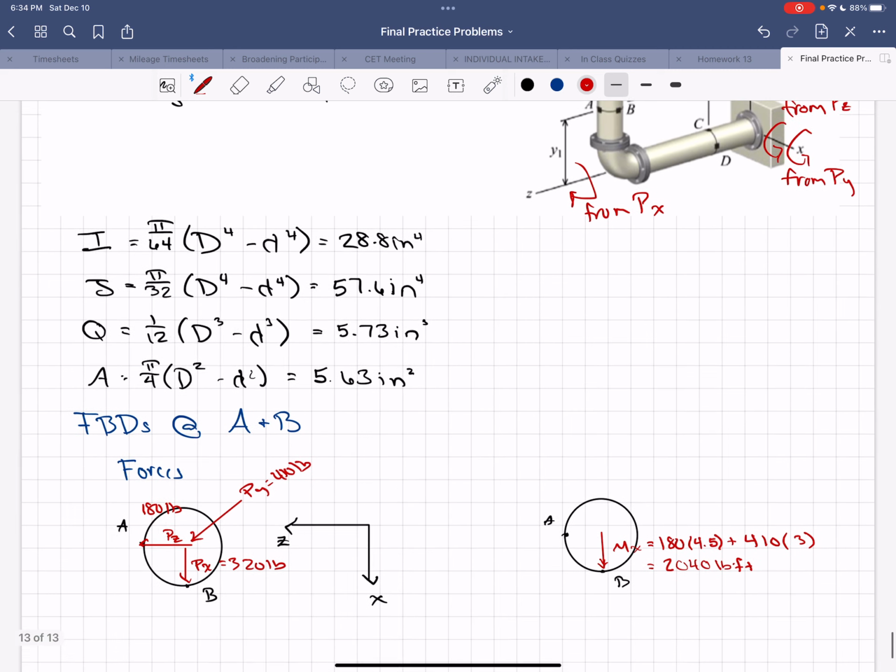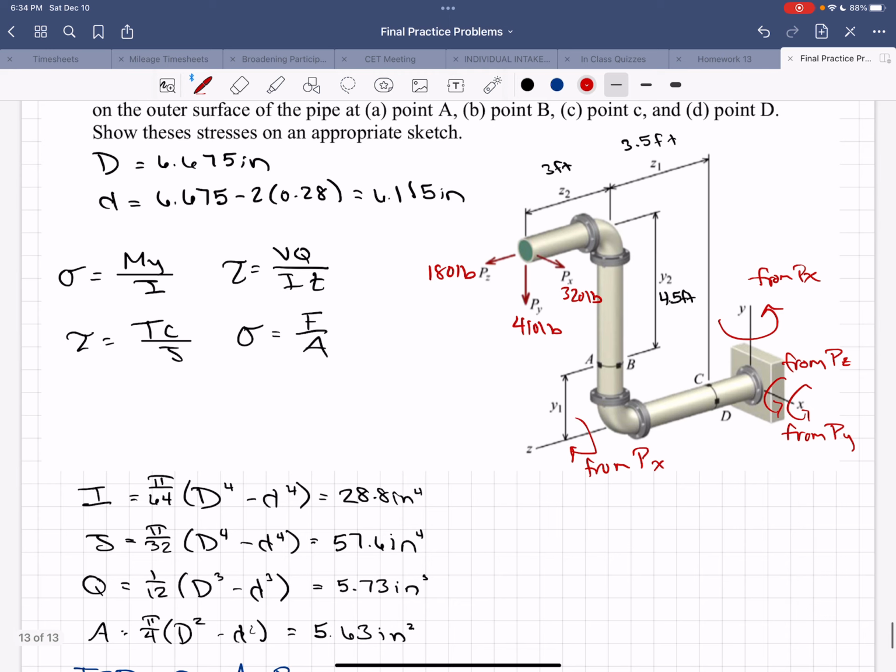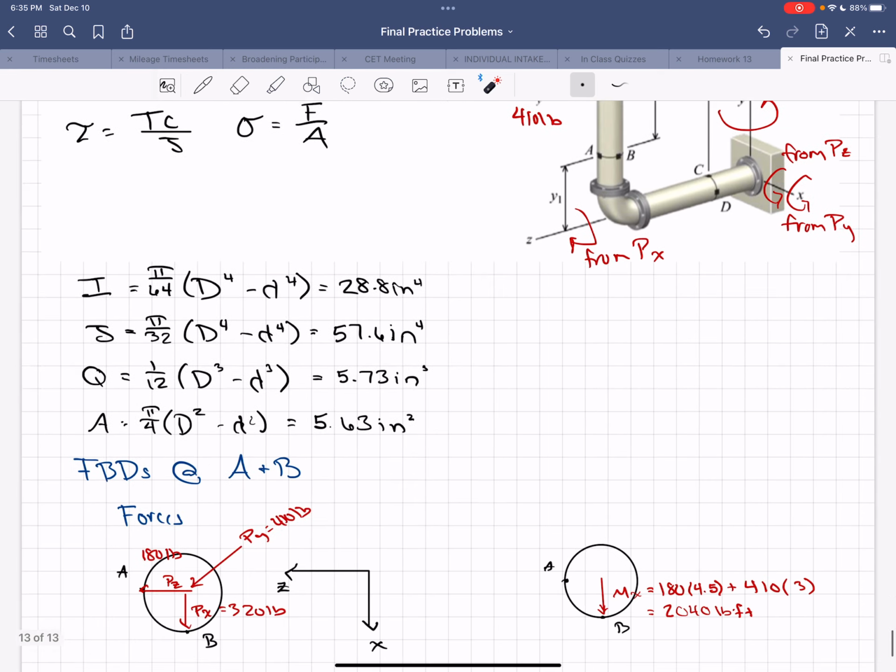Okay, so how about our moment around Y? That is going to be, in this case, from PX, and it's going to spin this around in the longitudinal direction, so that's going to be our torque.